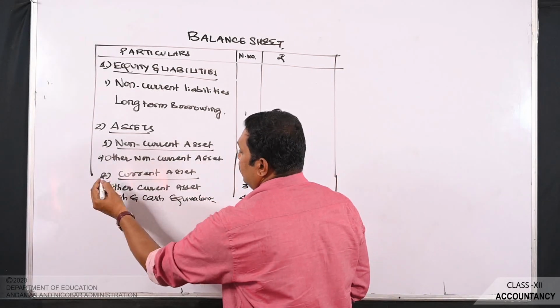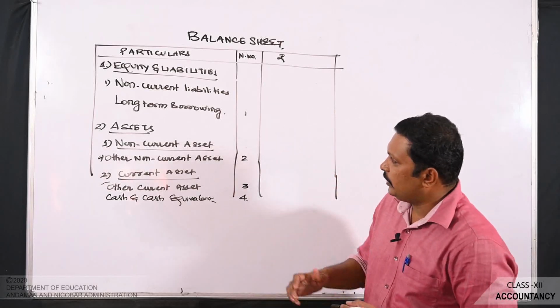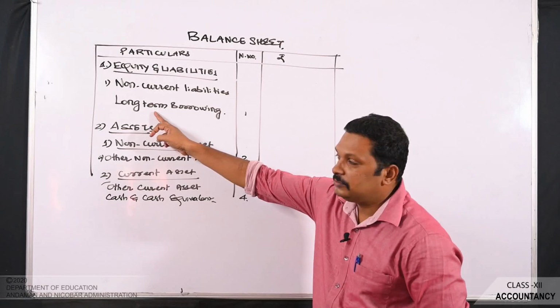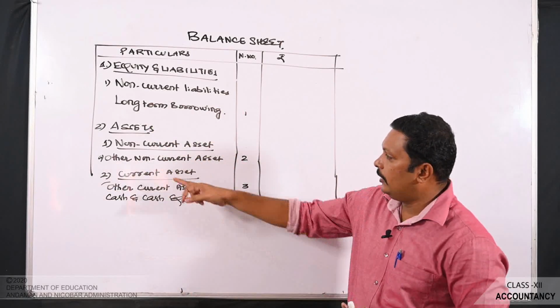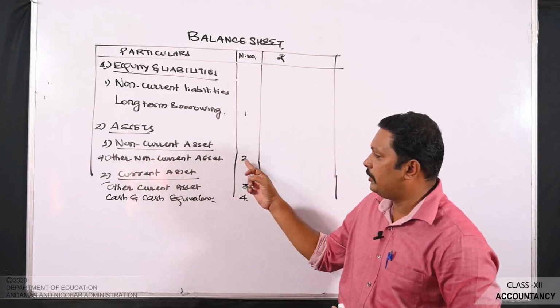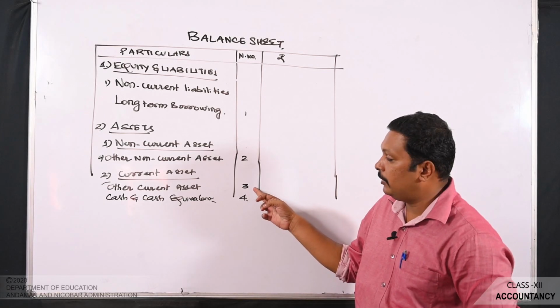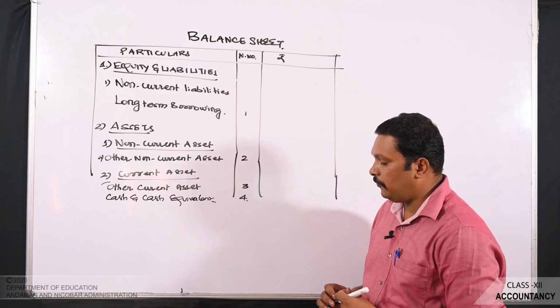Actually, it will become some previous, so no problem. For practice, we can solve like that. What are the items we have to prepare? We have to calculate long-term borrowing through working note 1, other non-current assets through working note 2, other current assets through working note number 3, and cash and cash equivalents through working note number 4.